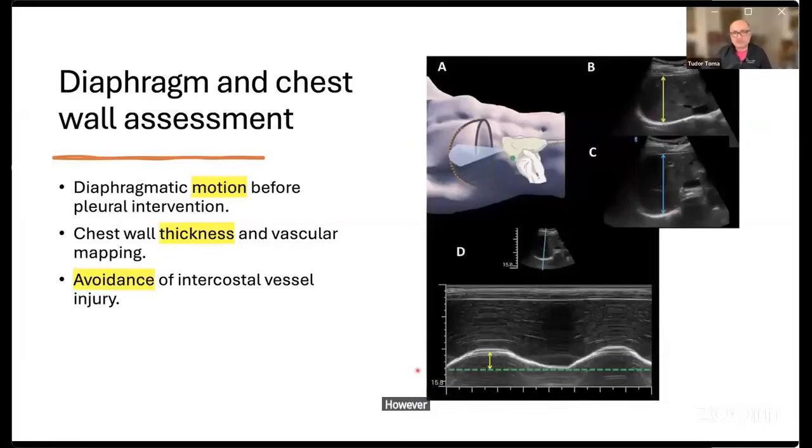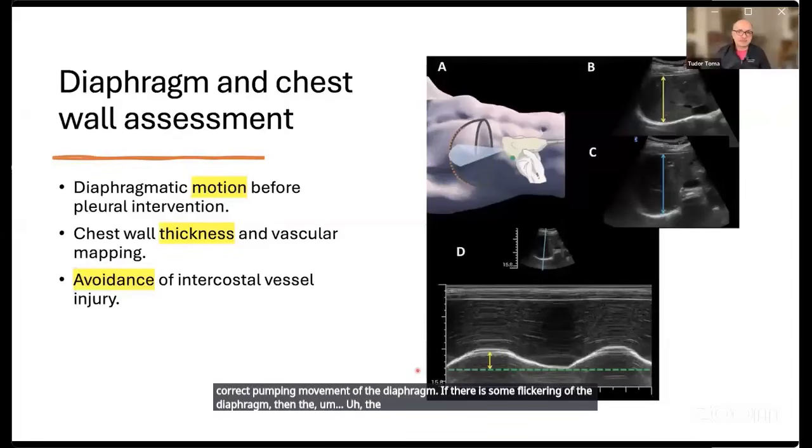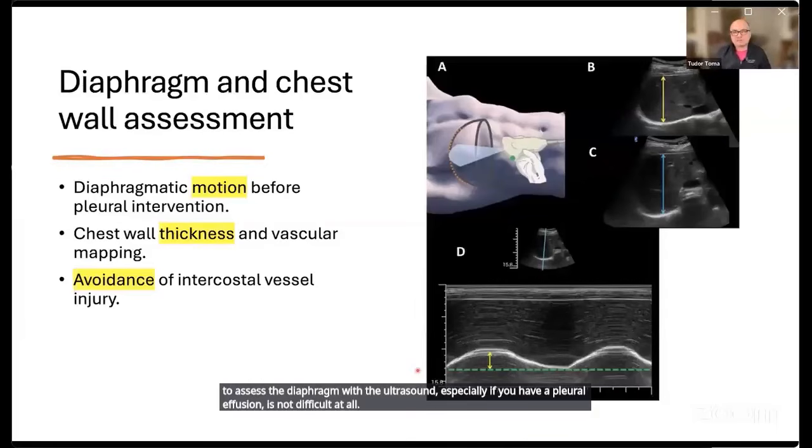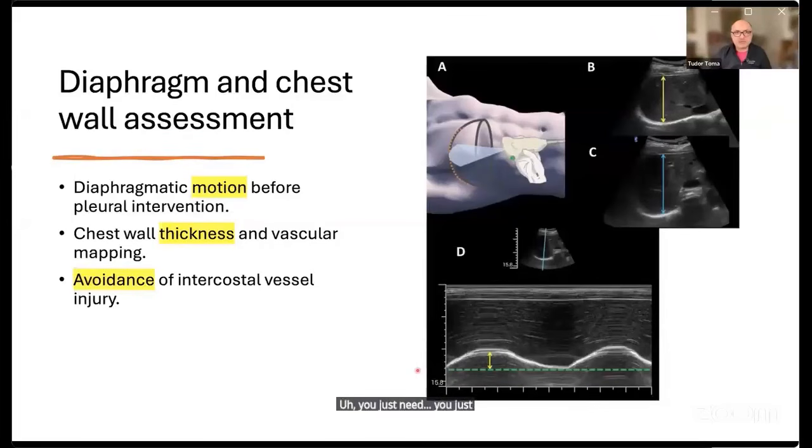However, the opposite is true if the diaphragm movement is completely abnormal, if there is no correct pumping movement of the diaphragm, if there is some flickering of the diaphragm, then the drainage is required, and it will make a difference to the symptoms of these patients. To assess the diaphragm with ultrasound, especially if you have a pleural effusion, is not difficult at all. You just need to think of it and use it in your practice.